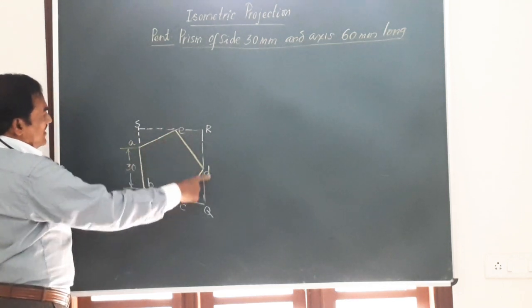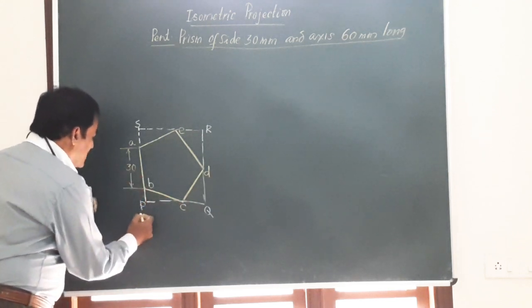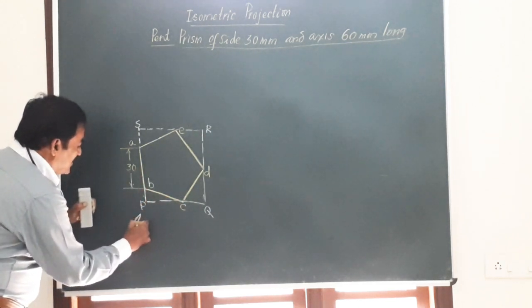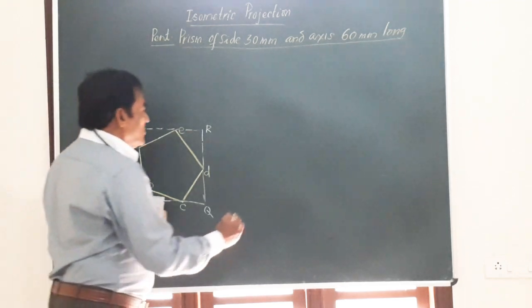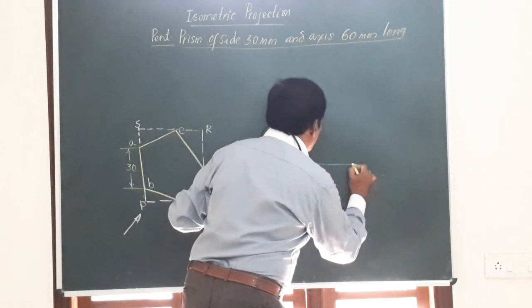I have constructed the pentagonal lamina, enclosed that in this box PQRS. Assume we are viewing this in the direction of P. So I am going to construct the pentagonal base of the prism.